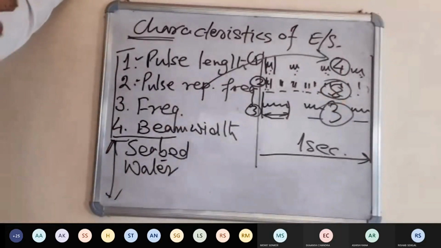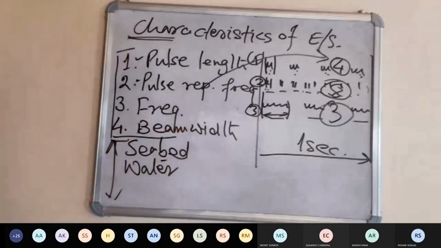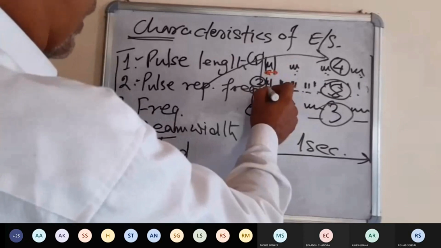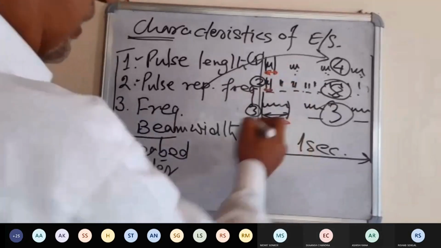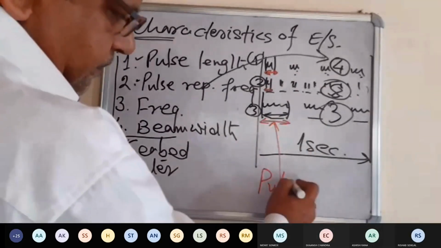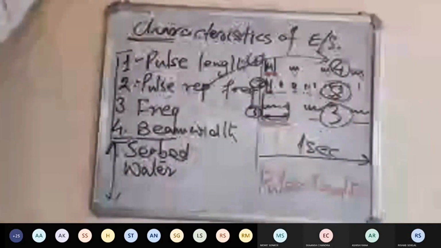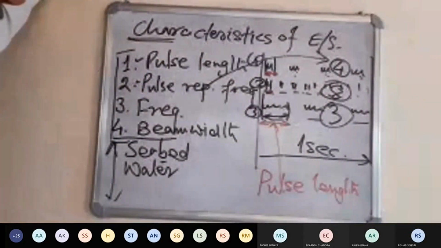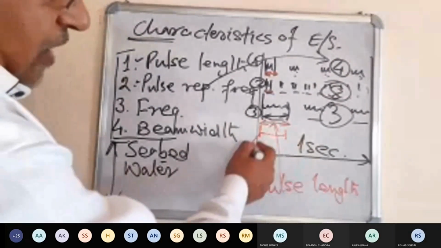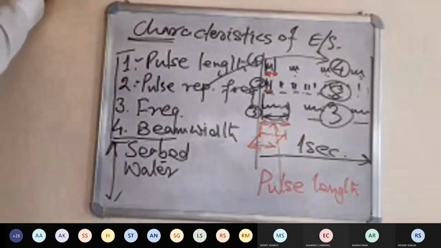But we also see a difference in the duration for which I was making the sound: this much here, only this much here, and this much here. This is the pulse length. Pulse length is the time during which the transmission is taking place. The time from the start of the pulse to the end of the pulse is the pulse length.